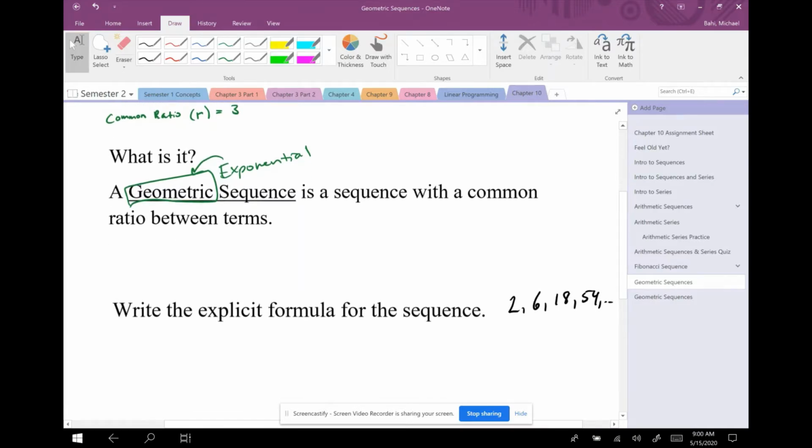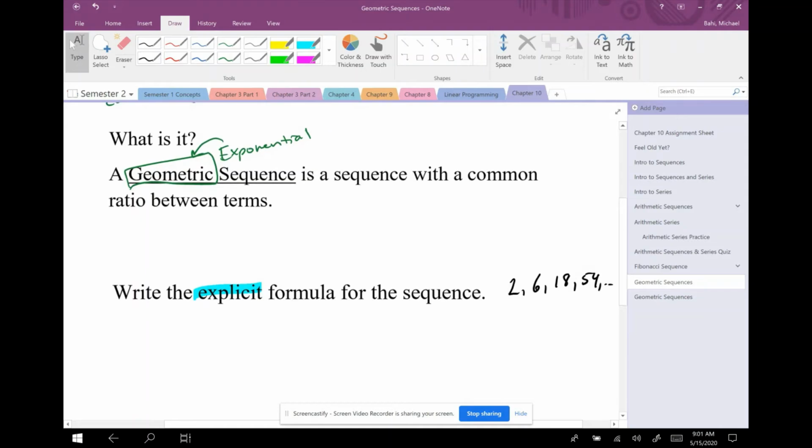Keep in mind they want us to write an explicit formula. These are very similar to arithmetic sequences in terms of how we find the explicit formula. It's still going to have a sub n, and you're still going to have the first term, but rather than adding the common difference times n minus 1, like we did in arithmetic sequences, we're going to be multiplying by the common ratio raised to the n minus 1 power.